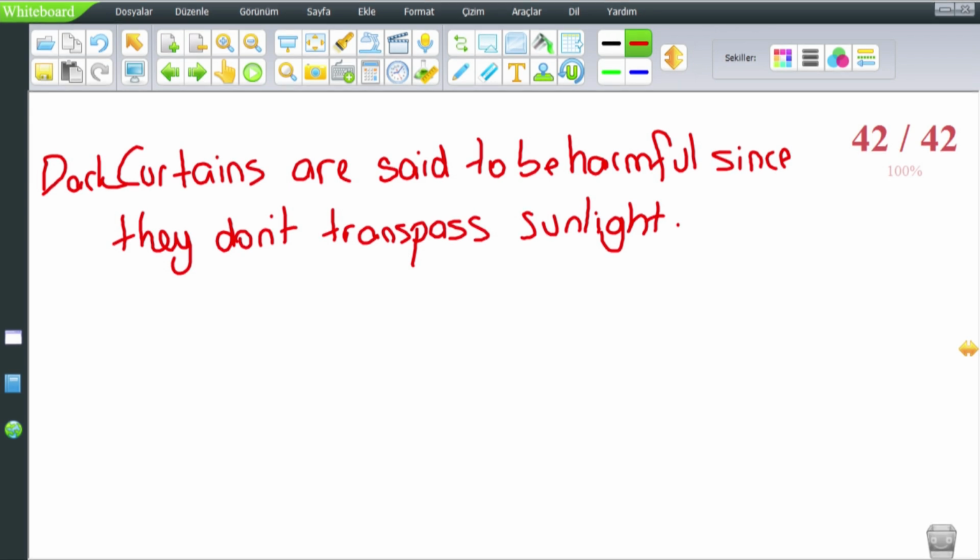Okay, this is a longer one, but what is my object here? Dark curtains.